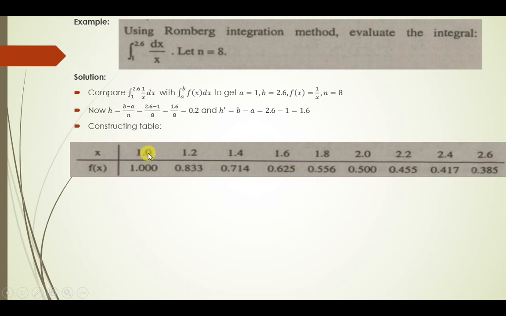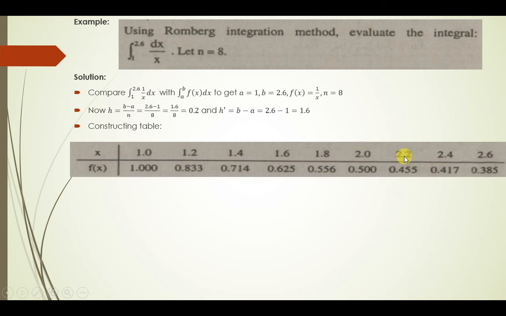So that is 1.0. Adding 0.2 with this one, you will get 1.2. Then again adding 0.2 with this number, you will get 1.4. Then 1.6, then 1.8, then 2.0, adding 0.2, so that is 2.2.